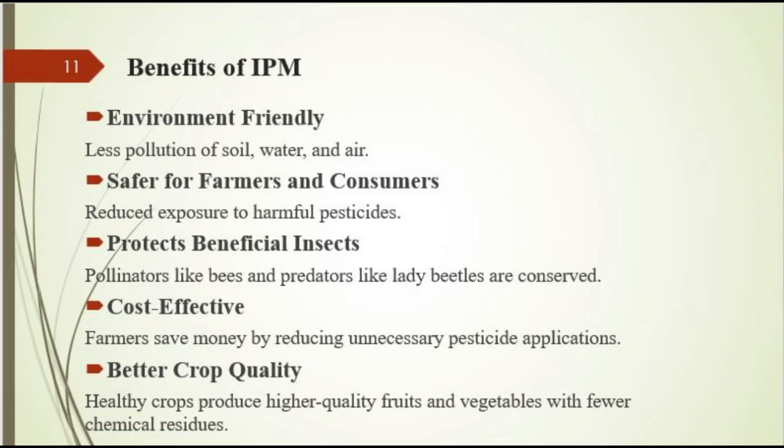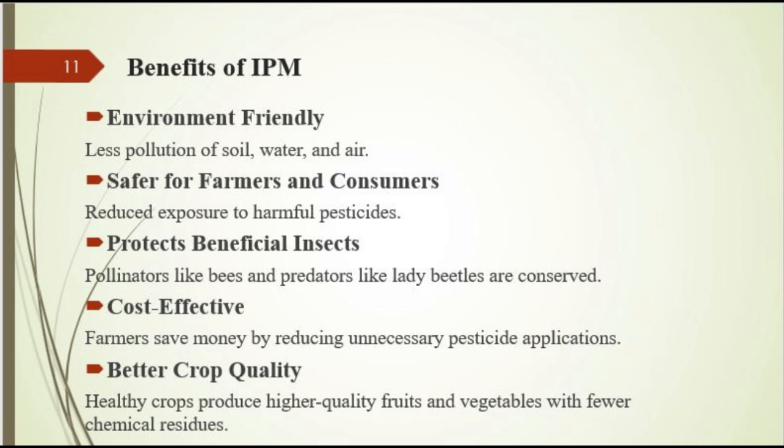Benefits of IPM. The poster also highlights the major benefits of IPM. 1. Environment friendly. Less pollution of soil, water, and air. 2. Safer for farmers and consumers. Reduced exposure to harmful pesticides. 3. Protects beneficial insects.